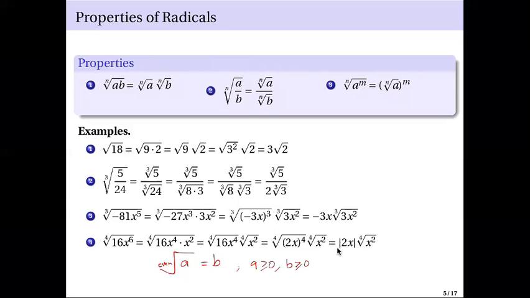We have to make sure that this is positive, so we have to do the absolute value thing. Because if we don't put this absolute value symbol, your x here can take a negative number. So if x is a negative number, then 2x will also be negative, and therefore, this condition will not be satisfied. Okay?